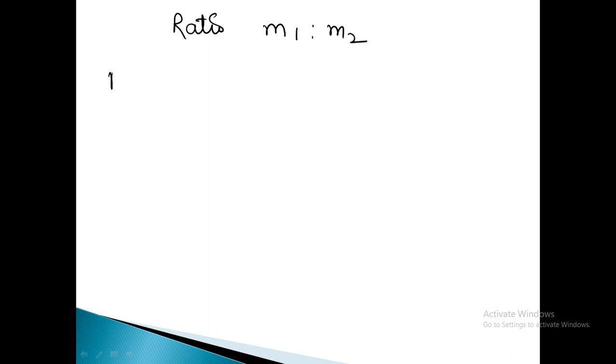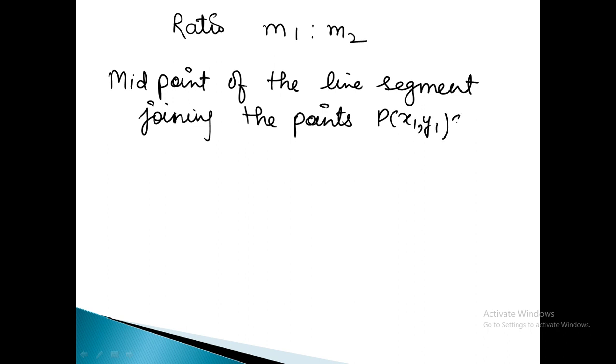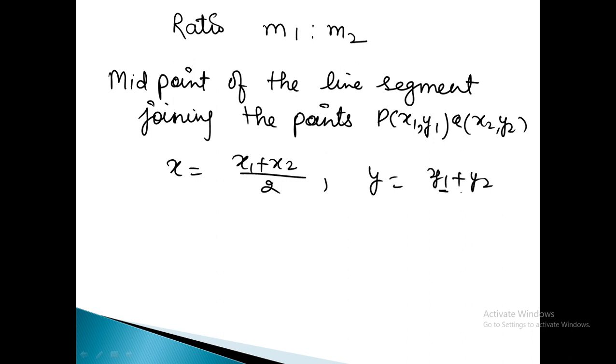Or you can say, if you want to find the midpoint when M1 and M2 are not given, the midpoint of the line segment joining the points P(x1, y1) and Q(x2, y2), then we will use the formula x equal to (x1 plus x2) over 2 and y equal to (y1 plus y2) over 2.